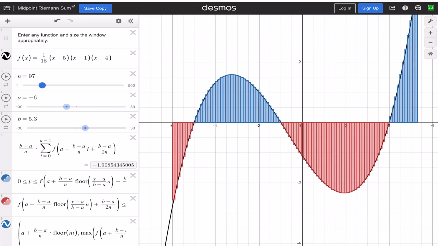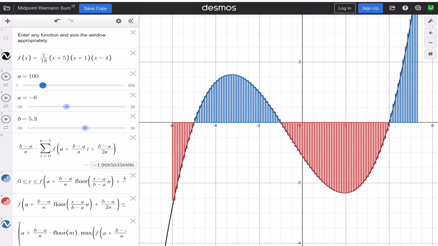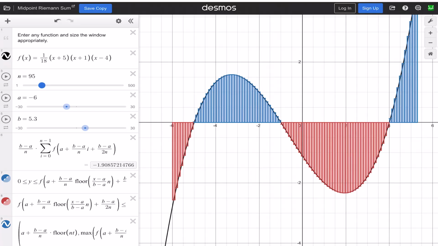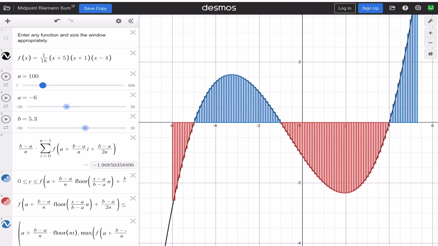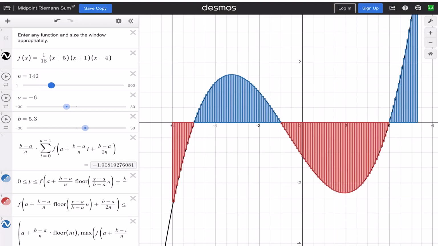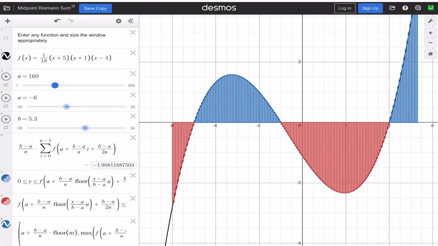What's better than 60 rectangles? Why don't we try 100 rectangles? What's better than 100 rectangles? How about 160 rectangles? If you look closely, you could still see the corners of the rectangles that are lying below and over the function.